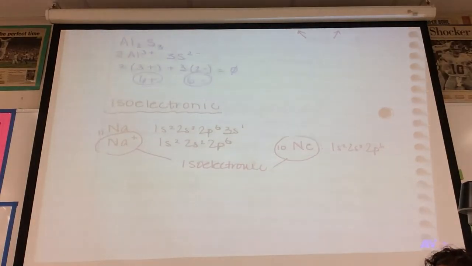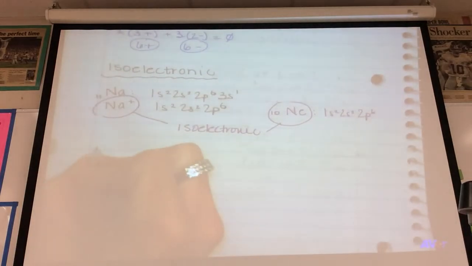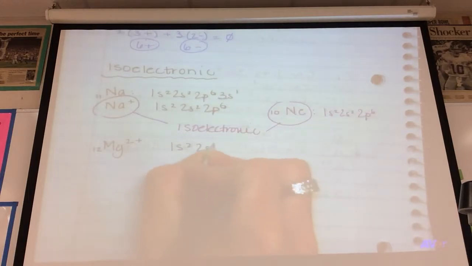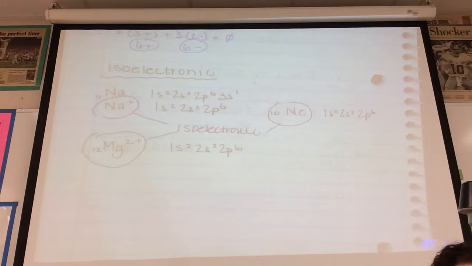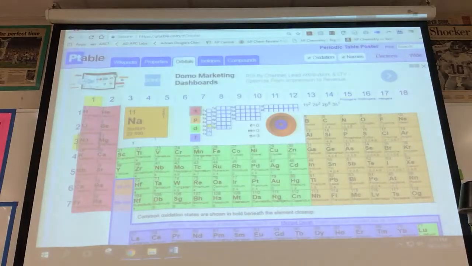Now, if I wrote the electron configuration for a magnesium ion, magnesium has 12 protons. How many electrons would a magnesium ion have? 10 is correct. So this is also isoelectronic with this and that. They all have the same electron configuration. Now, cations have the same electron configuration as the noble gas in the preceding row.